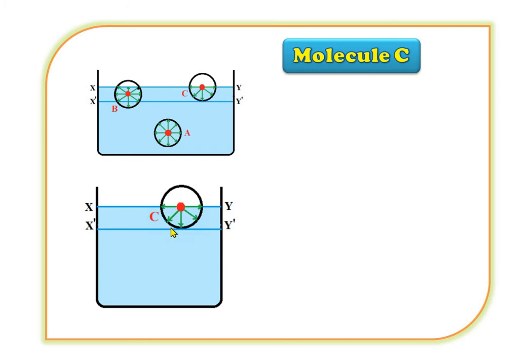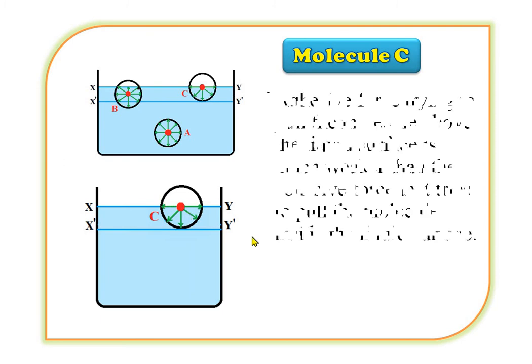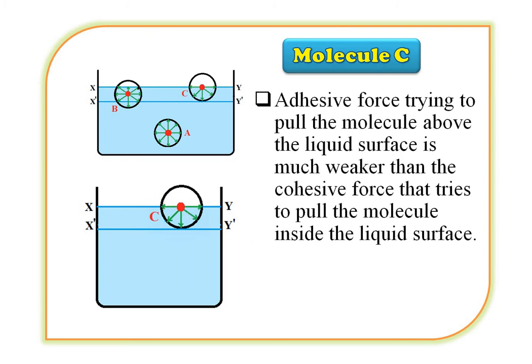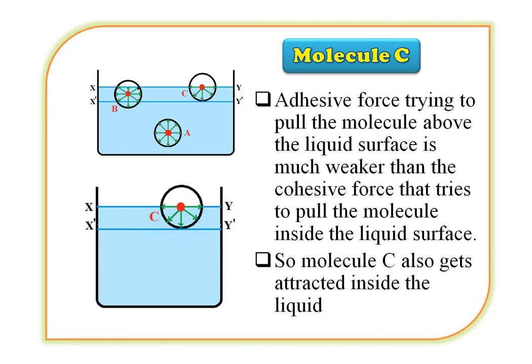The number of air molecules within the sphere of influence of C above the free surface is less than the number of liquid molecules within the liquid, because the density of air is less than that of a liquid. So the adhesive force trying to pull the molecule above the liquid surface is much weaker than the cohesive force that tries to pull the molecule inside the liquid. So molecule C also gets attracted inside the liquid.